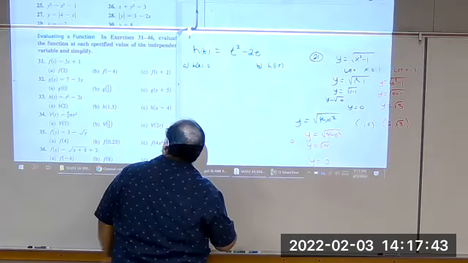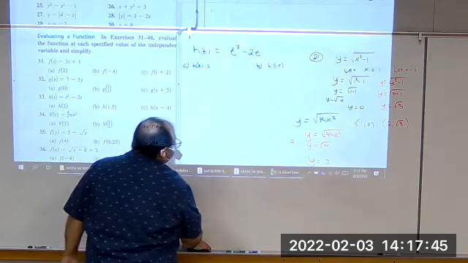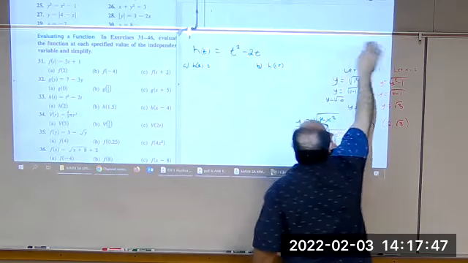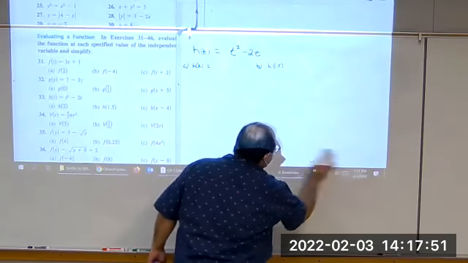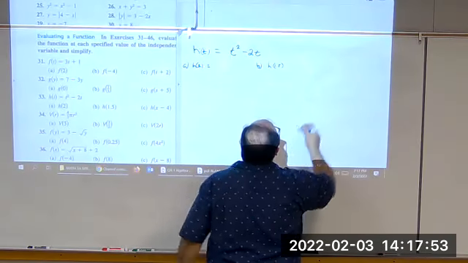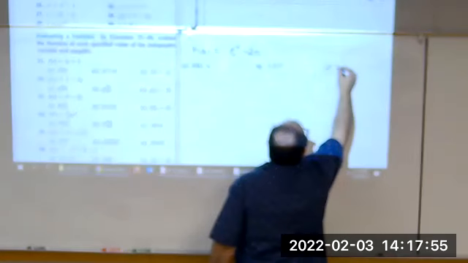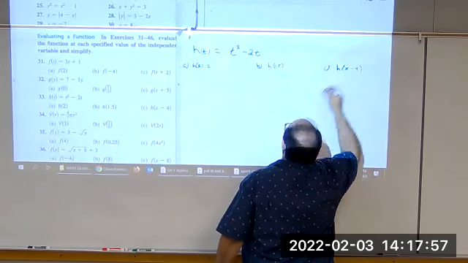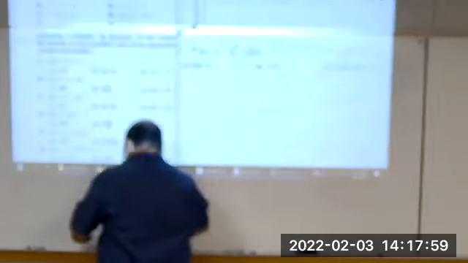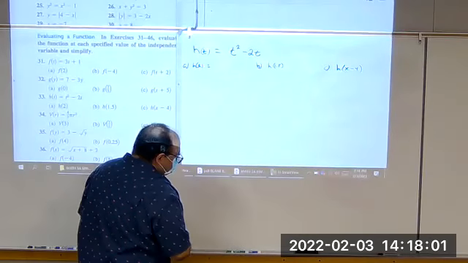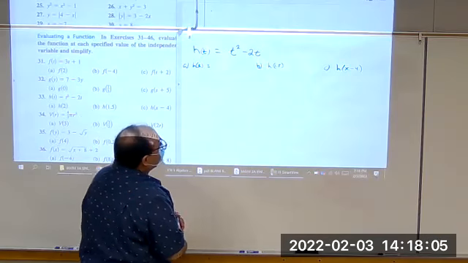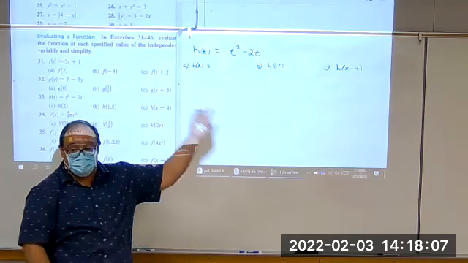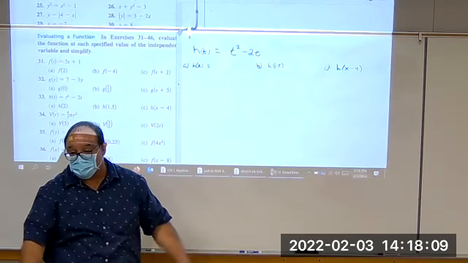And then c, h of x minus 4. Remember what I told you? Just substitute. Don't try to substitute and simplify. I'm going to go c back to a. So I'm just going to probably only get through c.